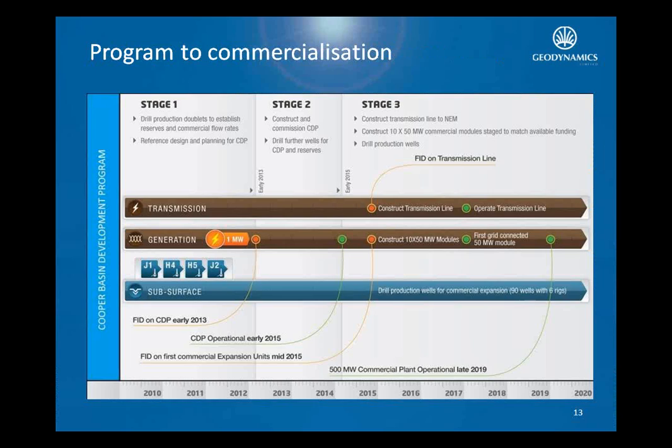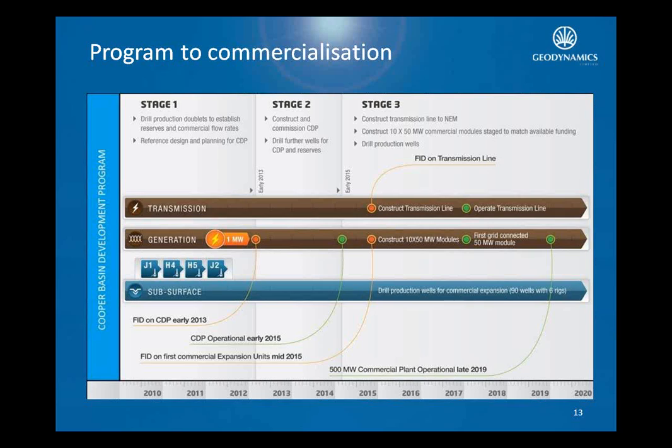In terms of the program to commercialization, we have a number of steps to get us into this 2020 position where we're producing 500 megawatts of commercial power plants.